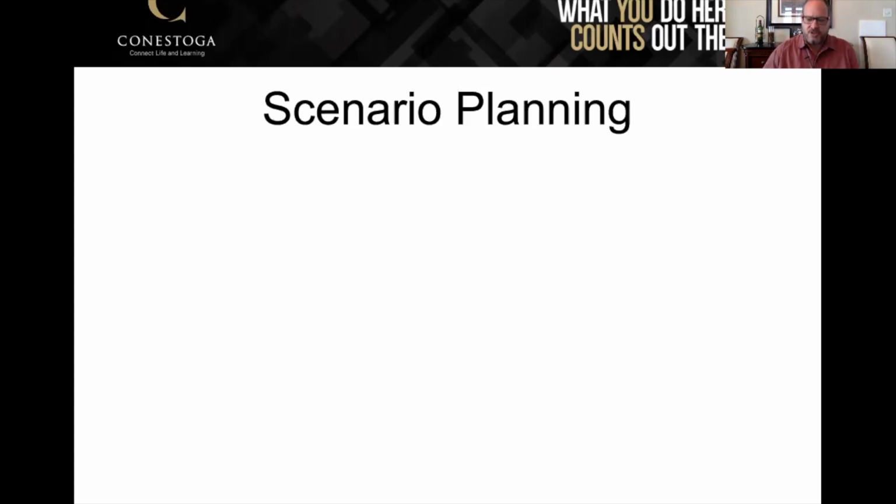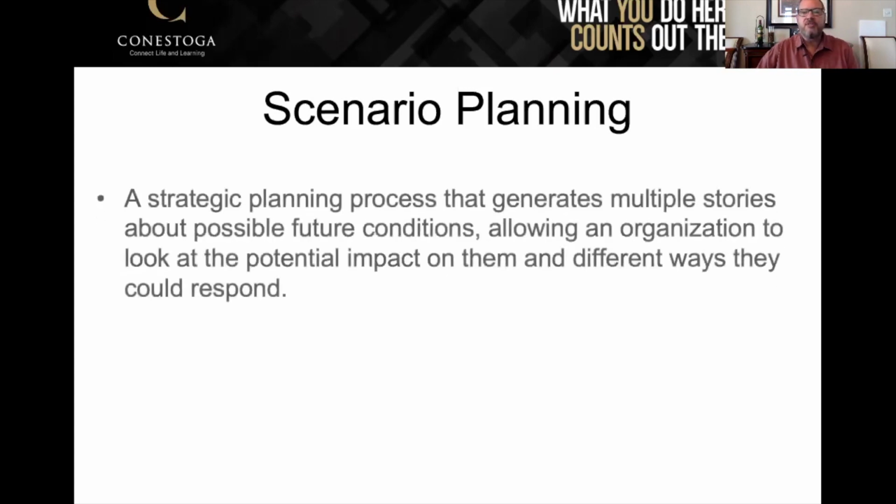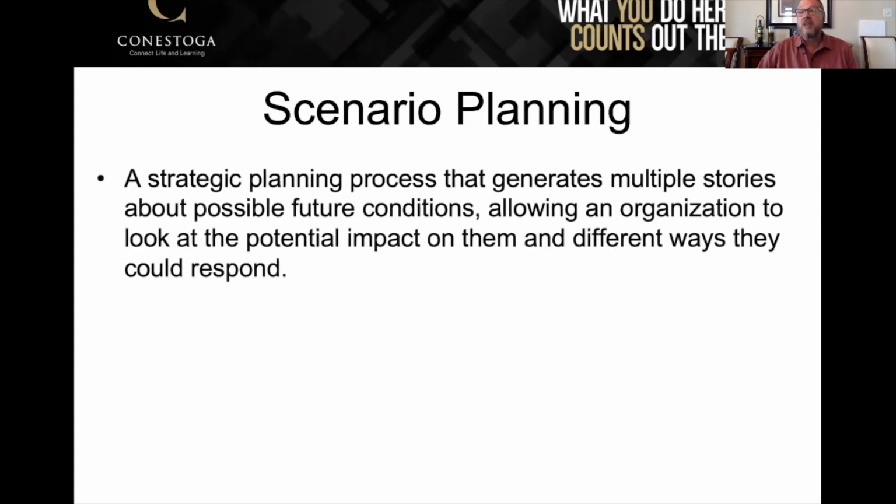So what you would do in scenario planning is come up with several different storylines, if you will, about potential future conditions. You usually have a good case, an expected case, and then a bad case. Sometimes you might do a wild card: hey, if this happened, right?